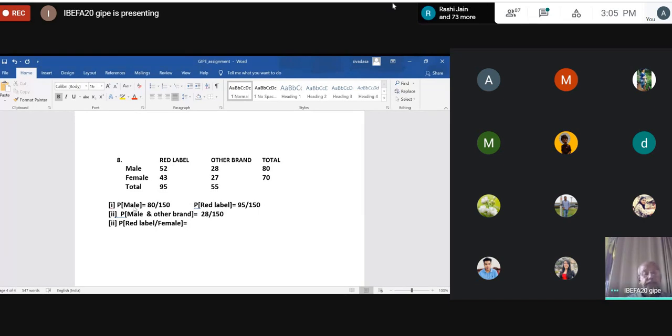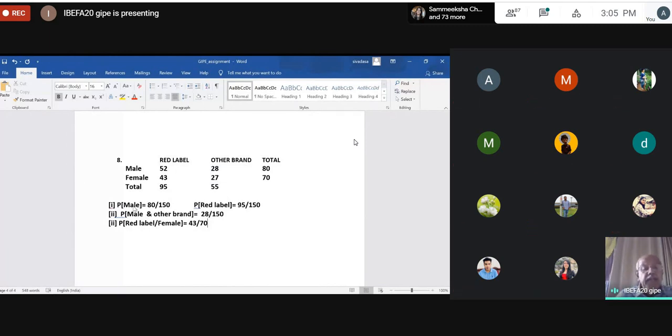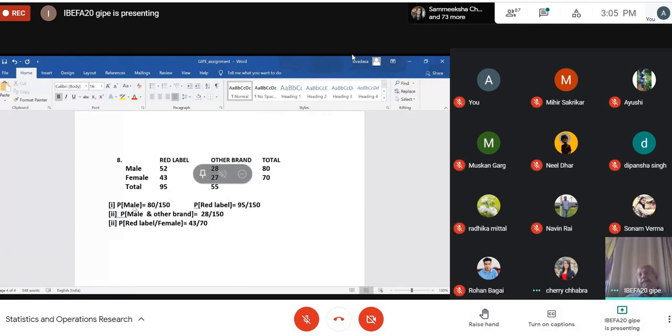Now what is the probability? So 43 by 70. Correct. 43 by 70. So this way, you can evaluate the probabilities in real data also.